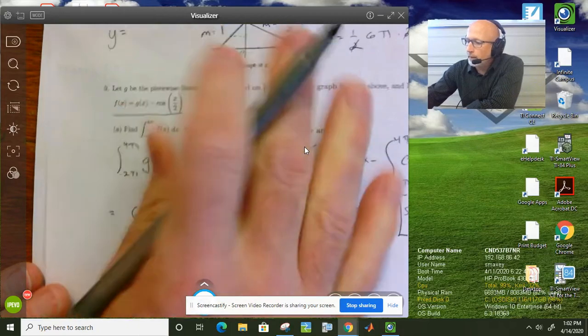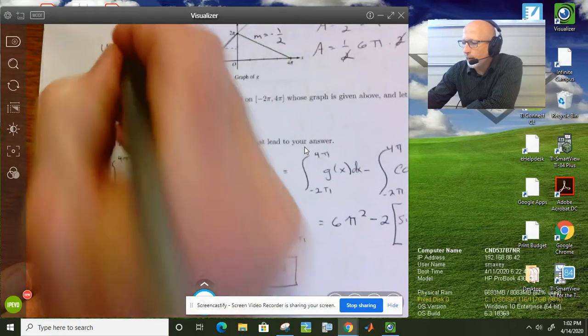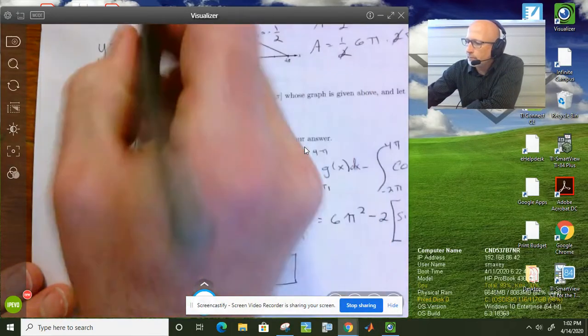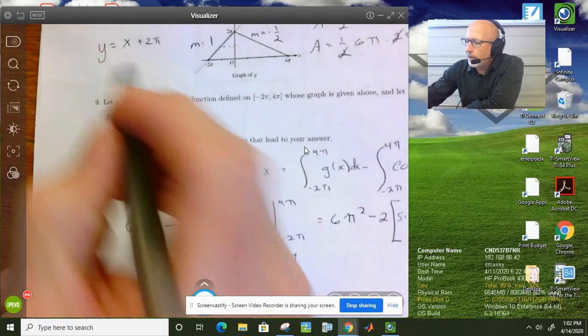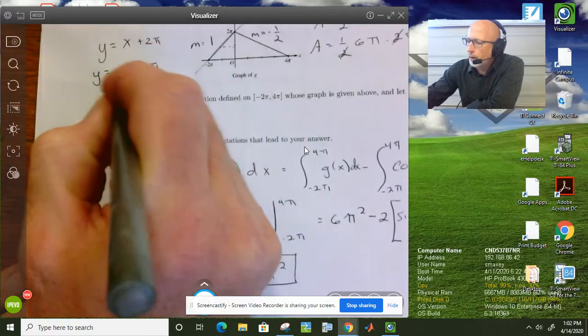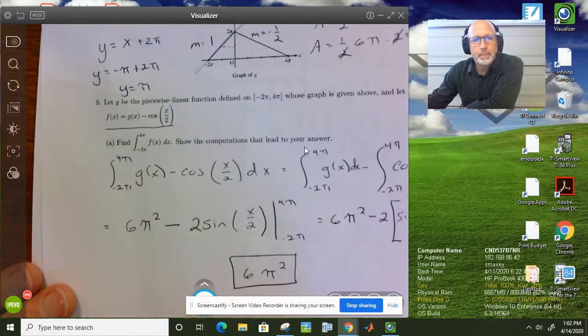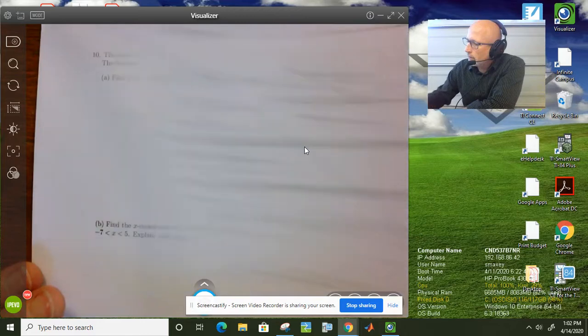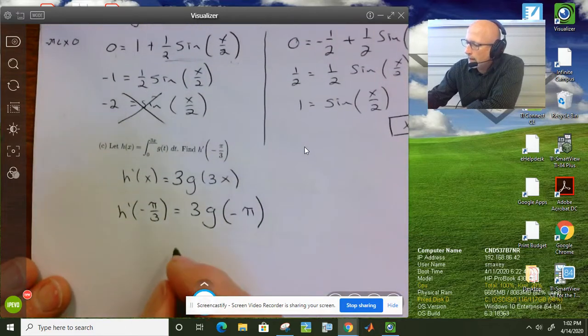The slope is 1. So I have mx, so 1x, plus b, the y-intercept is 2 pi. And then I want to evaluate it at -pi. So -pi plus 2 pi gives me y is equal to pi. Okay, so what is g of -pi? It's pi. So 3 times pi is my answer.